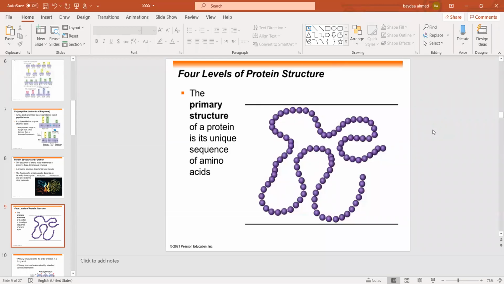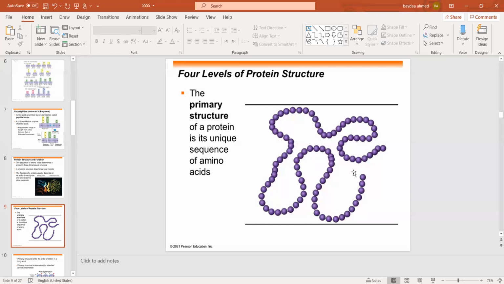In spite of their great diversity, proteins share three superimposed levels of structure, known as primary, secondary, and tertiary structure. The fourth structure level, quaternary structure, arises when a protein consists of two or more polypeptide chains. The primary structure of a protein is its unique sequence of amino acids.